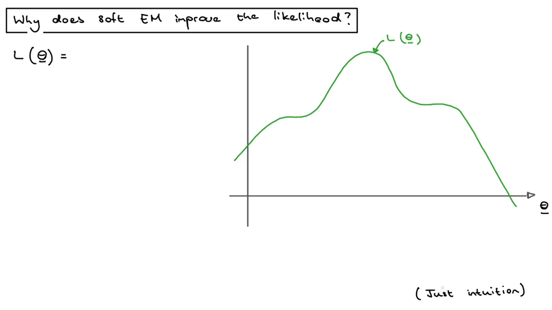So this is just an intuition, basically a high-level sketch of what happens in soft EM. The aim of the game is really to improve the log likelihood. We've got some observed training data and we want to improve the log likelihood of the parameters given the data we observe. So if we've got capital N training sequences, then you can maybe write out the log likelihood like this.